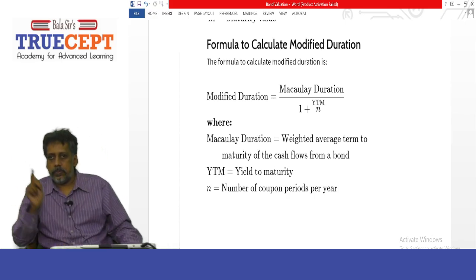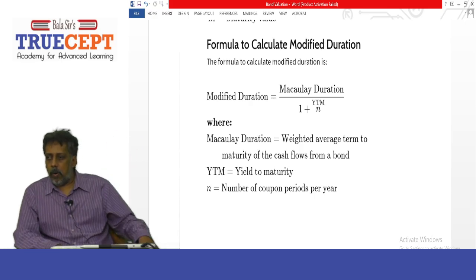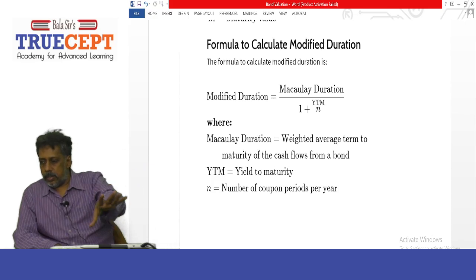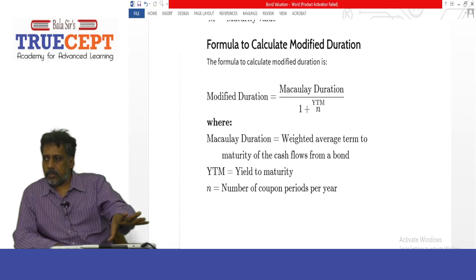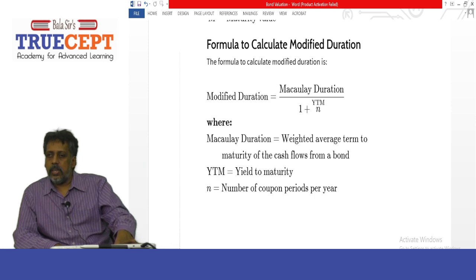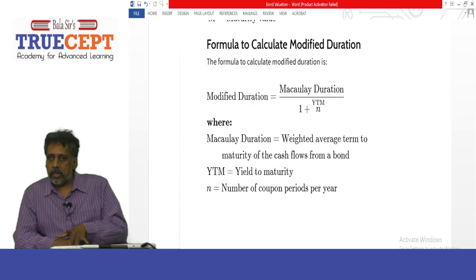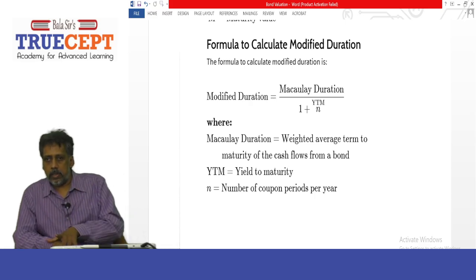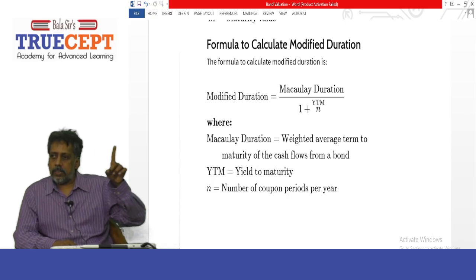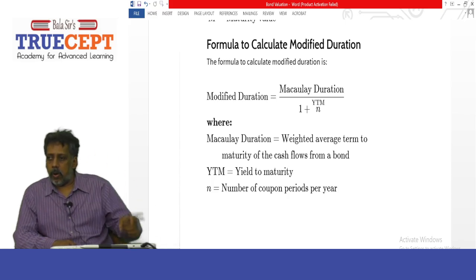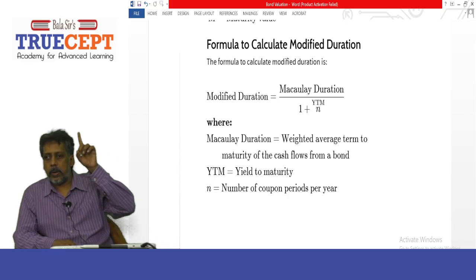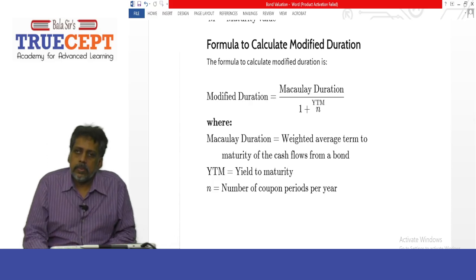So you take the duration given in years, the Macaulay duration, and divide that by 1 plus YTM, which is given as 10%. It can be taken as 0.1 if it is an annual interest paying bond. Got it? If it is a semi-annual coupon paying bond, divide by 2 periods involved.